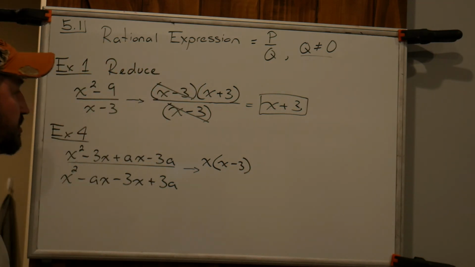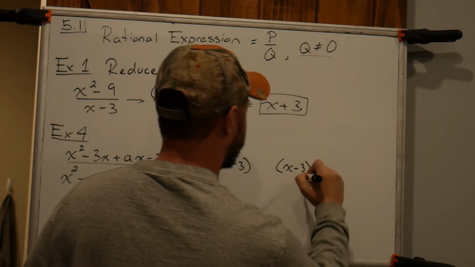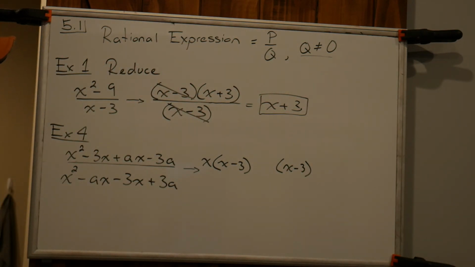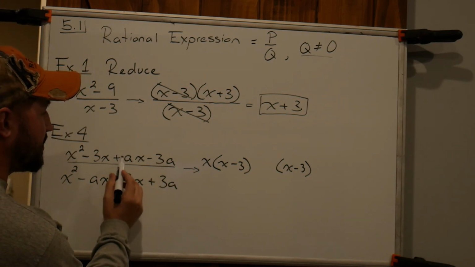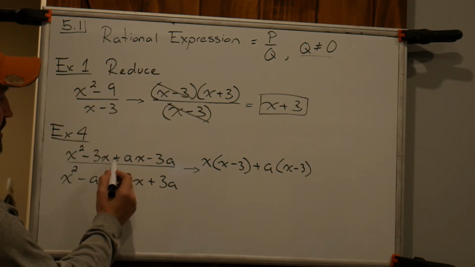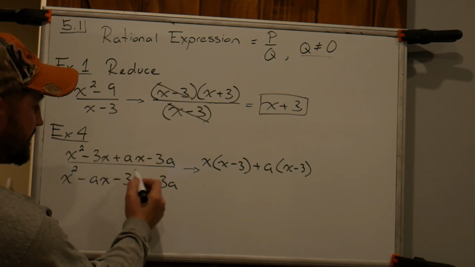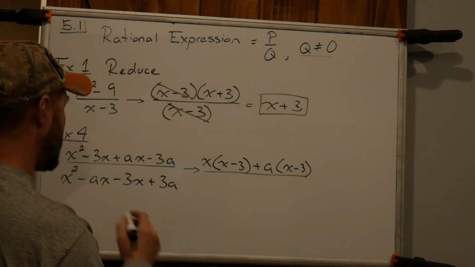Again, when we're talking grouping, we're pretty sure that we want an x minus 3 over here. To get an x minus 3, we're going to pull out a positive a. When we do, we'd be left with an x and a minus 3. That's what we needed. We're going to do the same thing on the bottom.